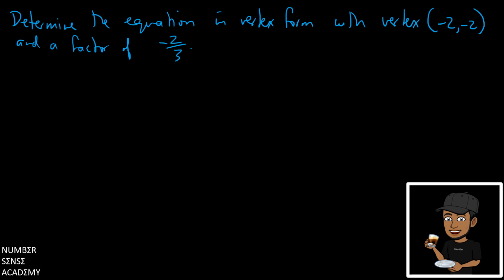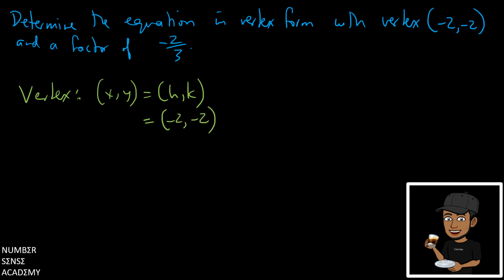All right, so this is pretty straightforward. So if my vertex is given as, remember we have x and y equal to h and k, right? So in this case, the vertex is -2, -2.